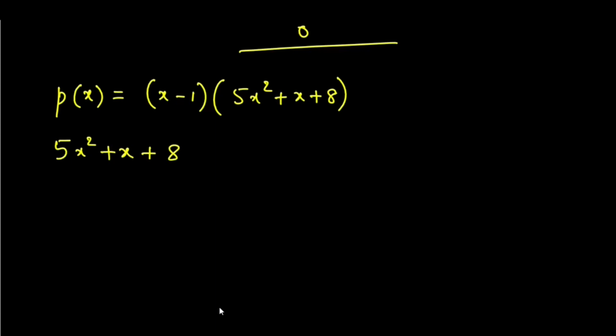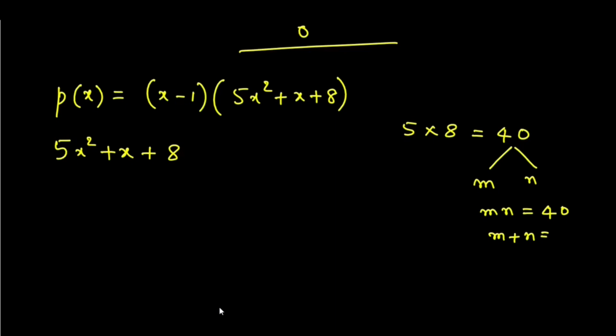Multiply 5 and 8. This is 40. We have to find factors of 40 whose sum is 1. m into n is 40. m plus n is 1.